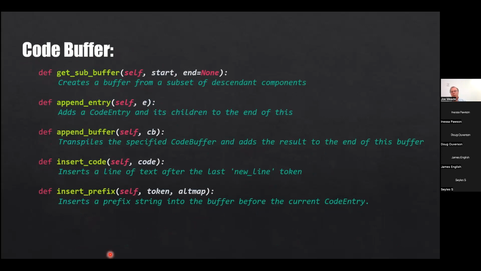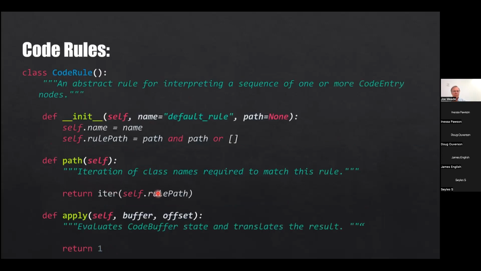So your code buffer starts out as being the entire body of work, but you can have sub buffers within that that you can use to do additional transpiling. You can insert code into the buffer. Even if it's already been written into the buffer, you can insert prefixes, and we'll show you that in an example in just a minute.